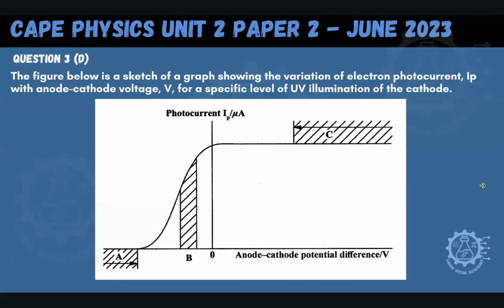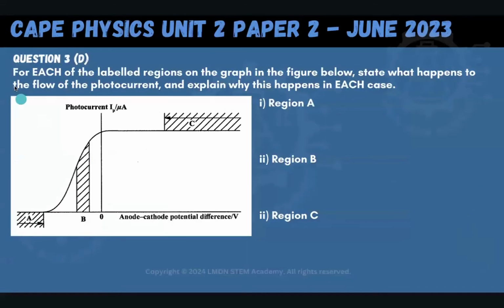All right, so let's go ahead now. It says for each of the labeled regions on the graph in the figure below, state what happens to the flow of the photocurrent and explain why this happens in each case. In order to do this explanation, we can go back to our earlier work, where we were talking about how we would measure a stopping potential and how the whole photoelectric experiment apparatus works. That's what we need to use to explain what we're seeing here.